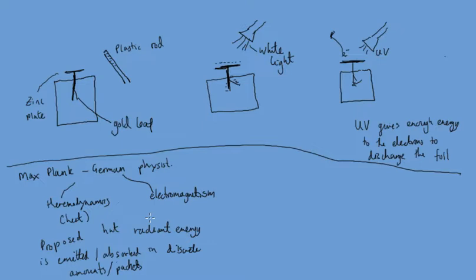So Planck's way of getting around this problem was to say, well, if energy can only be emitted or absorbed from something in discrete packets, and that the energy is in direct proportion to their frequency, and this idea worked. And if you divide the energy by the frequency, we come up with the constant of proportionality, which became known as Planck's constant.